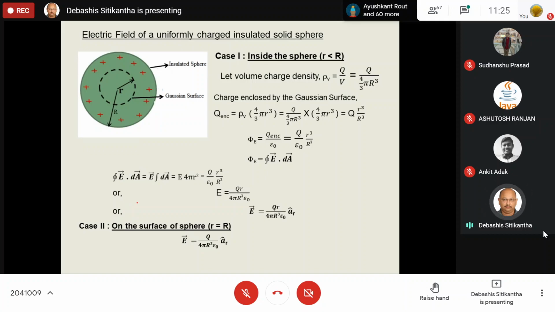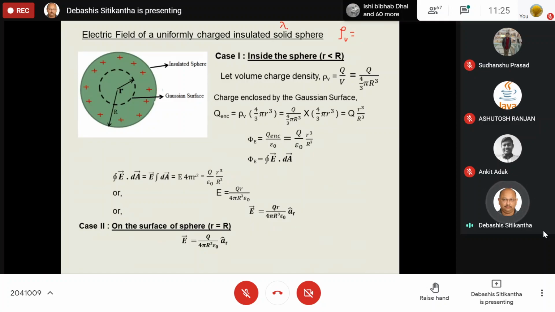Now, when we are talking about a solid sphere, we will introduce the concept of volume charge density, usually denoted by the symbol rho subscript V. It is similar to lambda, the line charge density, which is the total charge divided by the entire length of the line.